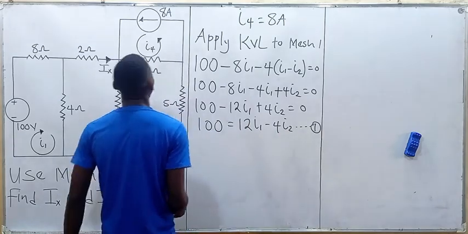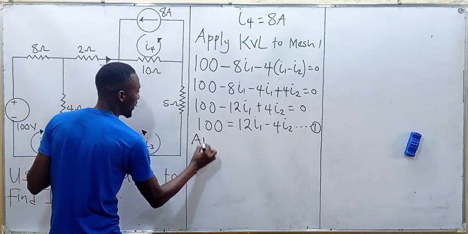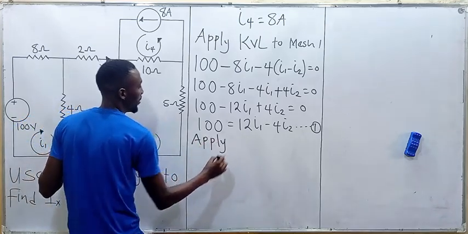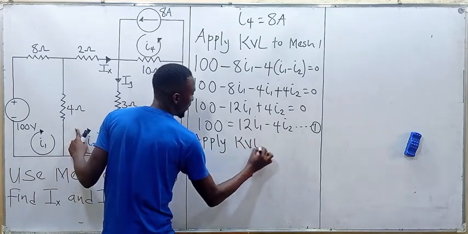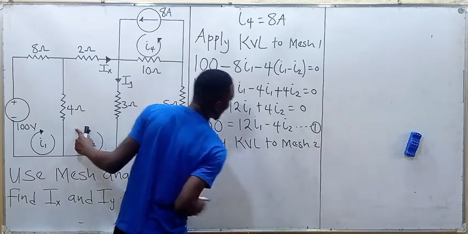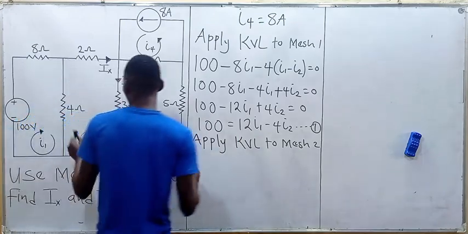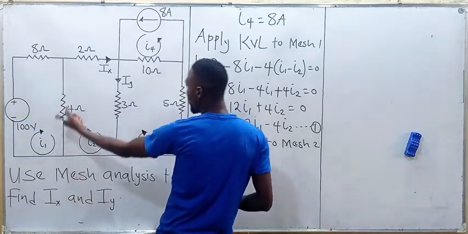All right. So we are going to apply Kirchhoff voltage law to mesh 2. Apply KVL to mesh 2. If we apply KVL to this mesh 2, now the current is flowing downward while we are moving against it.